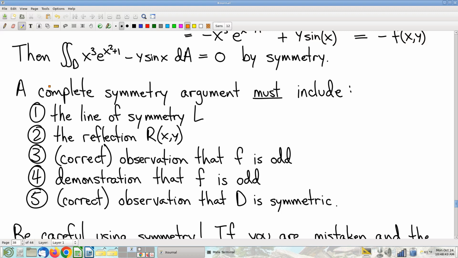Several times I had 20 seconds left and had to wrap this up, and there'd be an integral or two that I hadn't had time to evaluate, so I just wrote equals 0 by symmetry and turned it in.